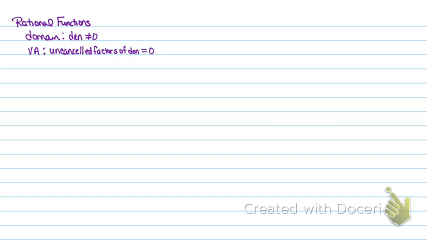But what happens to those canceled factors? They become holes. So your holes are your canceled factors of the denominator equal to 0.